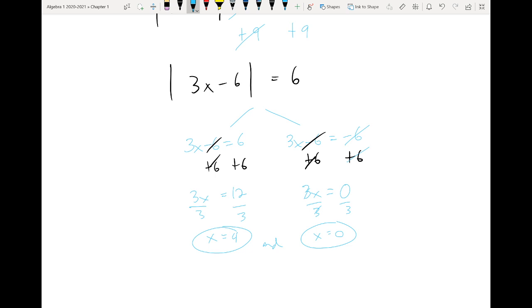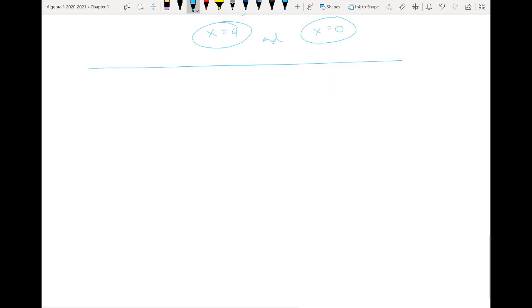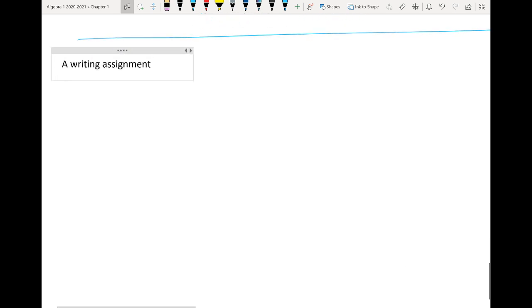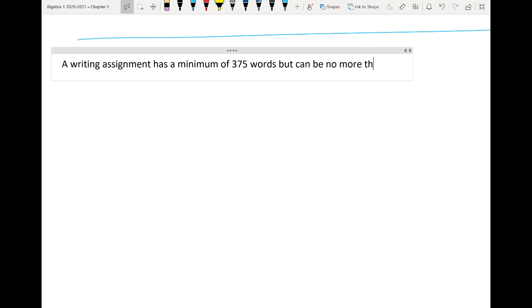All right. So let's do a little word problem here. A writing assignment. Go ahead and make that larger. A writing assignment has a minimum of 375 words, but can be no more than 425 words.